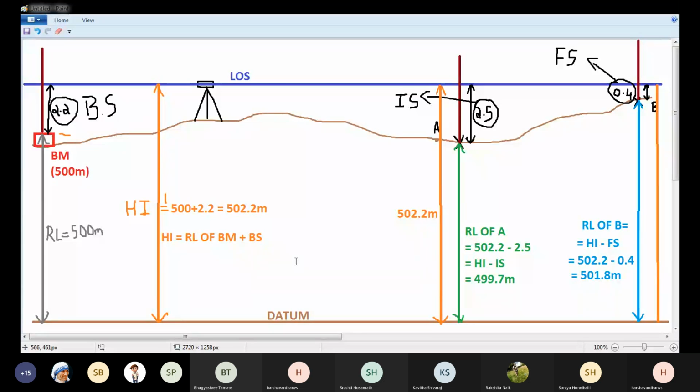If you have understood this, just raise your hand so that we can go to the next concepts. This is the most basic and the most important concept. If you don't understand this, you won't understand the calculation part of leveling.